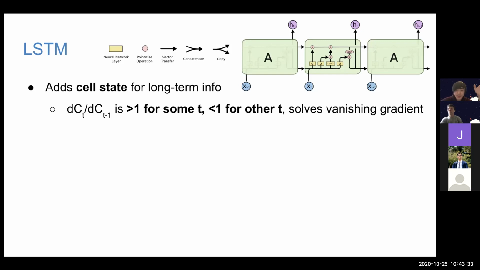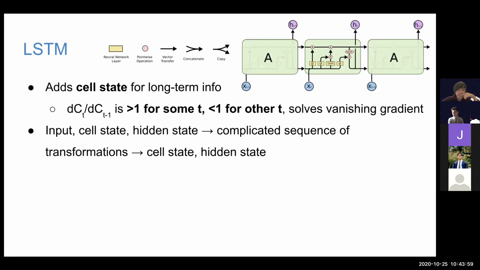For some time steps it's greater, and for some it's less. As a result, when you multiply a bunch of them together, you're not guaranteed that it's going to vanish or explode. In fact, it's very unlikely that all of them are simultaneously less than 1, and even if they are, the network generally learns to correct for that on its own. So this provides a really nice solution to the vanishing gradient problem.